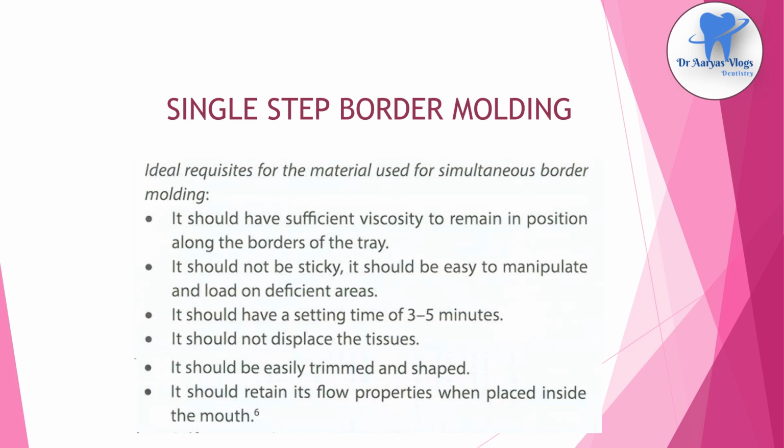So what are the ideal requisites for the material used for the simultaneous or single step border molding? It should have sufficient viscosity to remain in position along the borders of the tray, and it should not be sticky. It should be easy to manipulate and load on deficient areas, and it should have a setting time of 3 to 5 minutes.